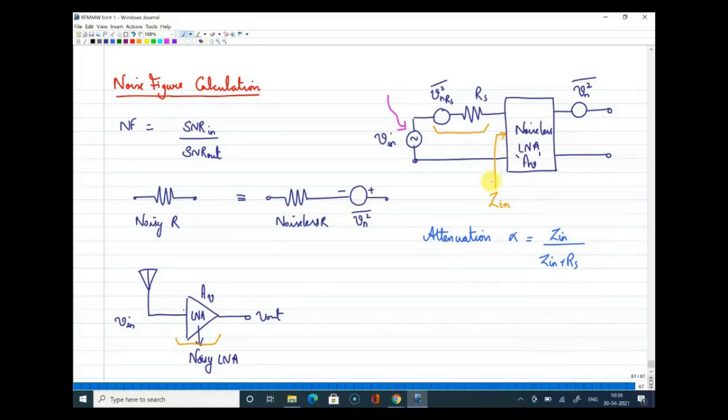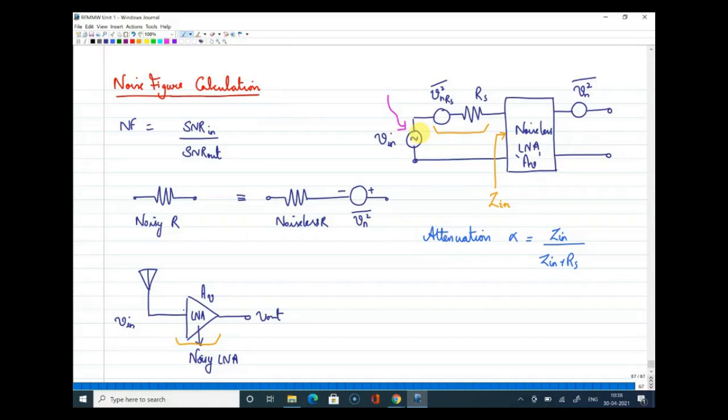If I'm marking the input impedance as Zin, the input signal coming at the input side will definitely undergo some attenuation, because you can clearly see that the impedance and the resistance are forming a voltage divider. And that attenuation I marked as alpha, which is equal to Zin divided by Zin plus Rs. I hope that is clear, Rahul.